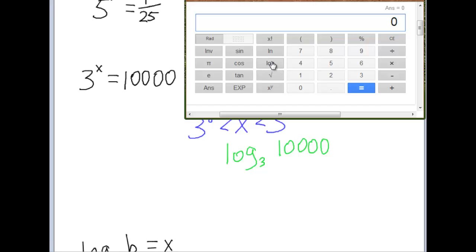On the calculator, that log is always, the base is 10. The log base 10 of 100 is 2, because 10 squared is 100. So the only one the calculator can do is log base 10. So what we've got to do is figure out a way that we can put log base 3 into the calculator.